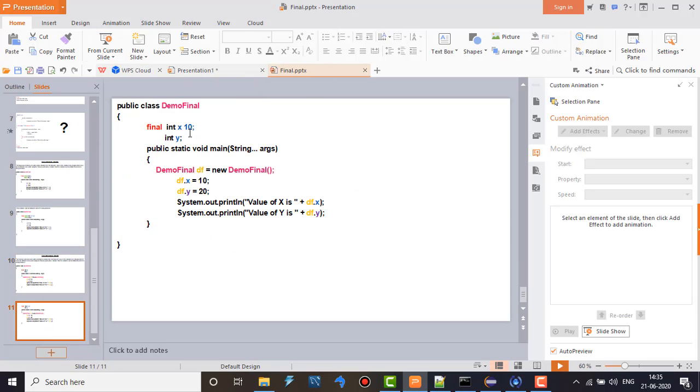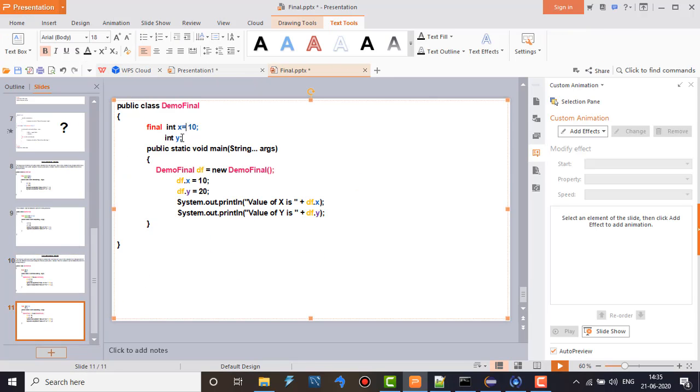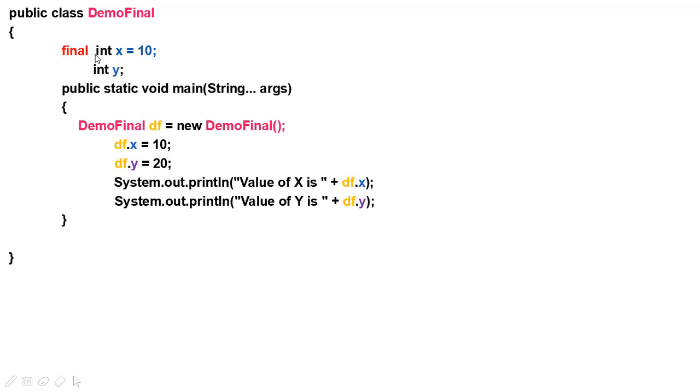Let me just put it. Okay, now it looks fine. So final int x is equal to 10, and again we are trying to assign a value to this variable. Again we'll get the same error, that this particular variable cannot be assigned a value because it has been declared as final.